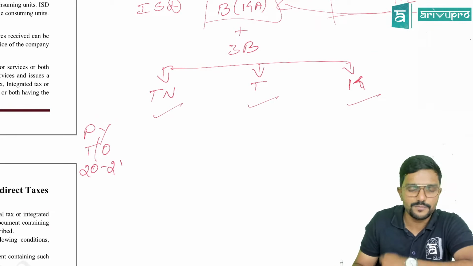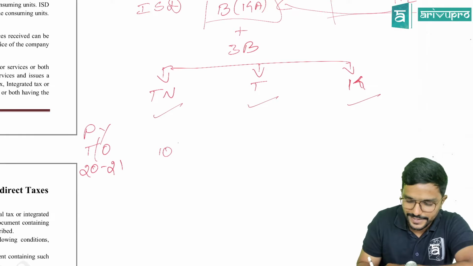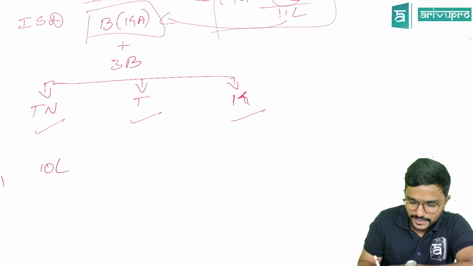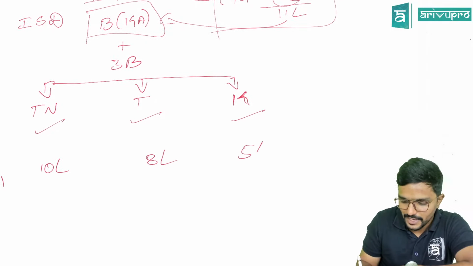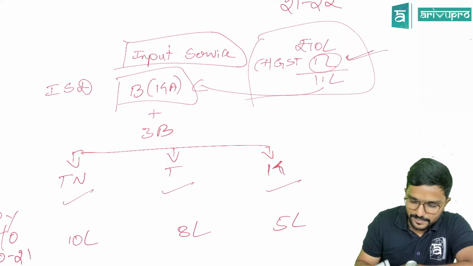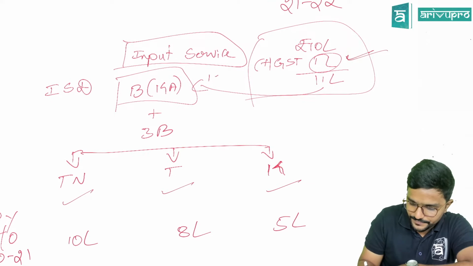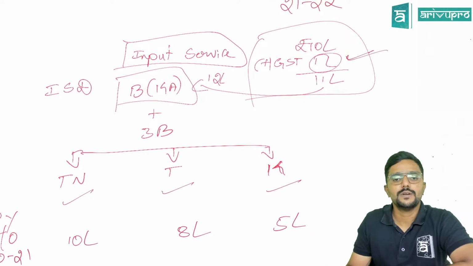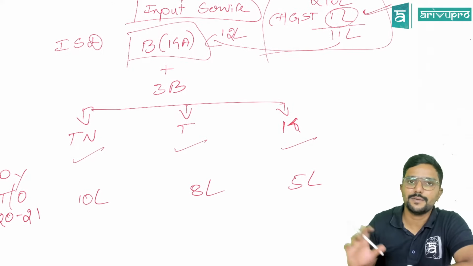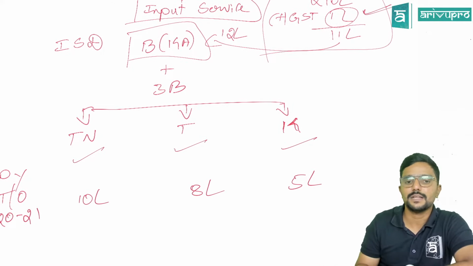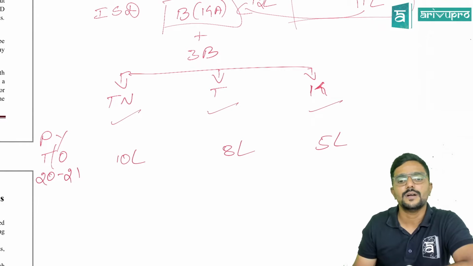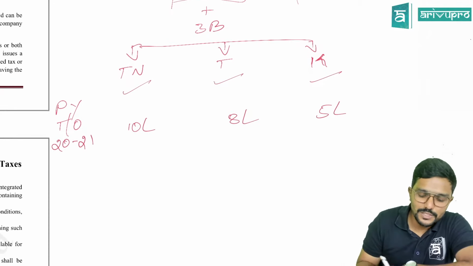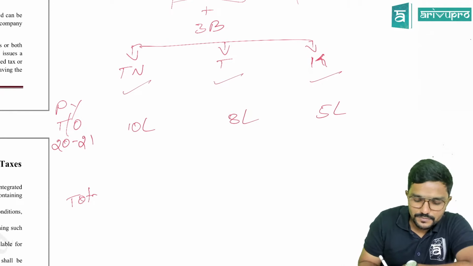What was the turnover of Tamil Nadu branch last year? 10 lakh. Telangana branch 8 lakh. Kerala branch 5 lakh. And Karnataka branch, let us take 12 lakh. So the turnover of each branch I have given here.